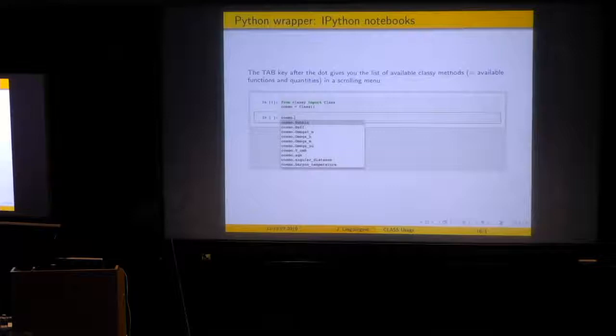And this will return the value of the omega parameter that you used, etc. This will be a function, the angular diameter distance as a function of redshift. This will be a function, the baryon temperature as a function of redshift. We will see all these things later on. But this is just a principle that .tab gives you all what you can use at a given point.